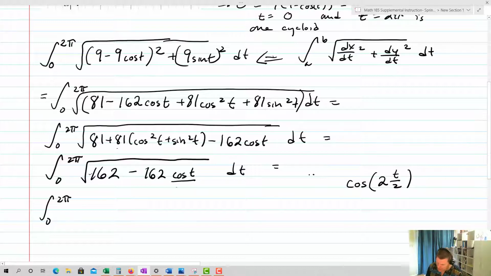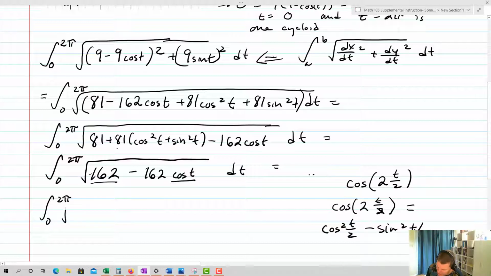I'm going to do that in conjunction with thinking of 162 as 162 times (cosine squared t over 2 plus sine squared t over 2). What that's going to do is allow some things to cancel out and then simplify. So cosine of 2 times t over 2 is going to equal cosine squared t over 2 minus sine squared t over 2.